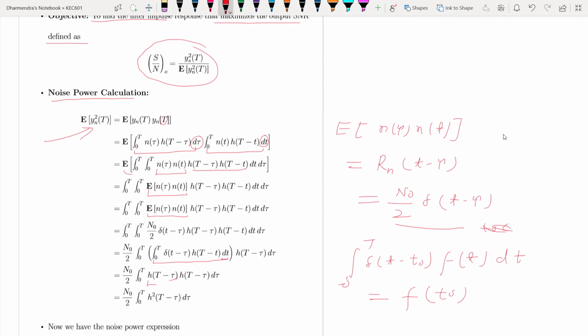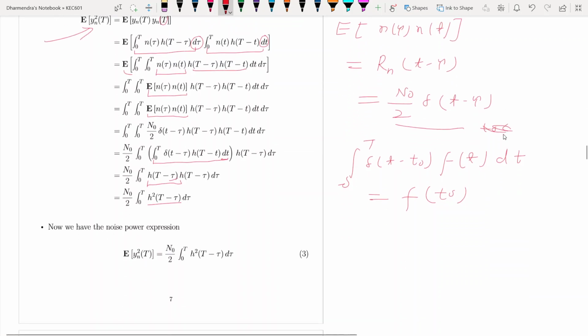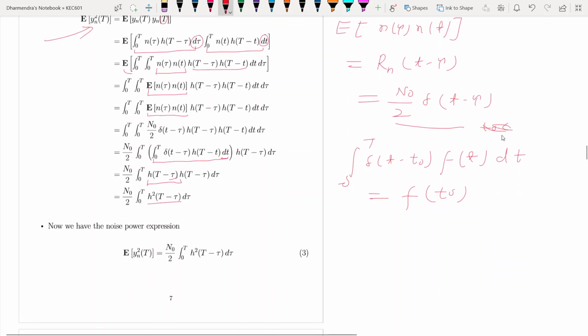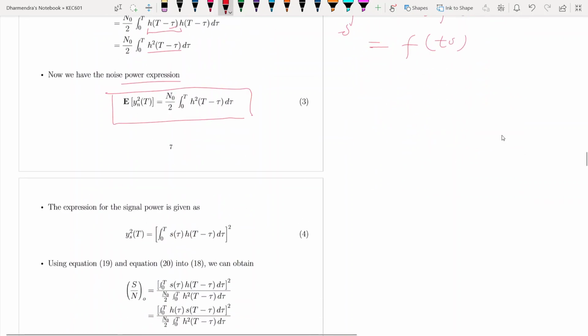So based upon this, I can write it like this. This is a square of h of capital T minus tau. So now we have a noise power expression like this, given in equation number 3.